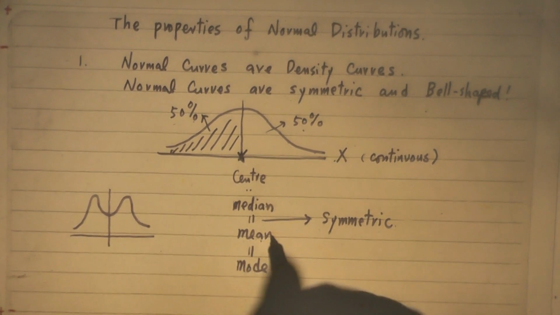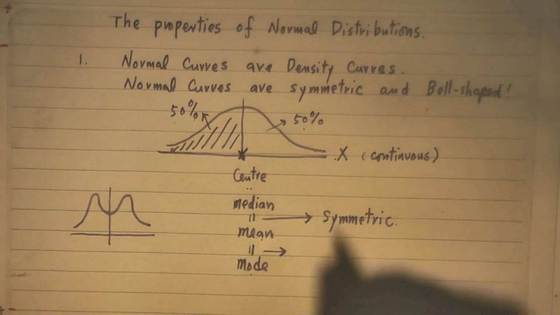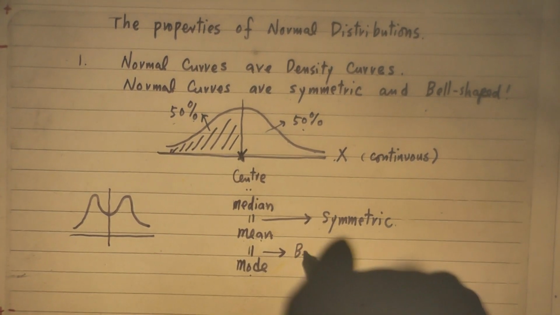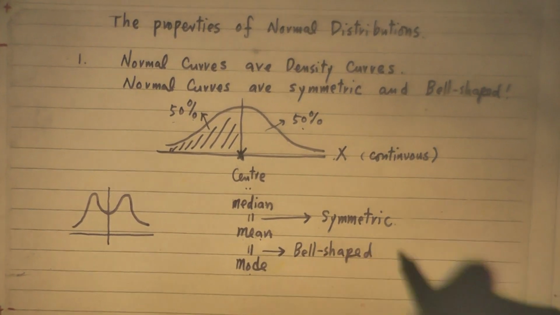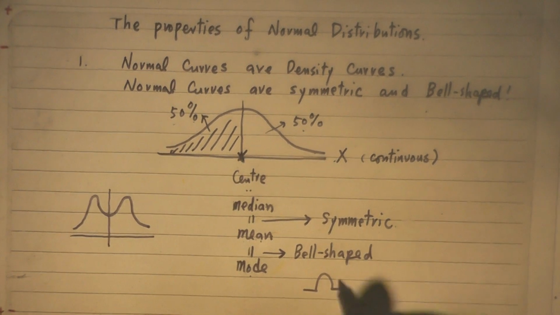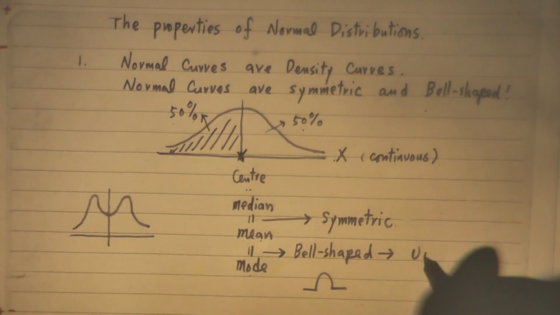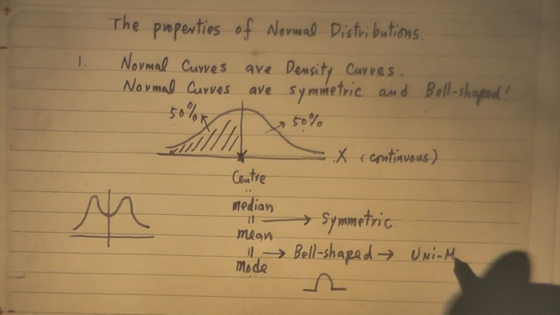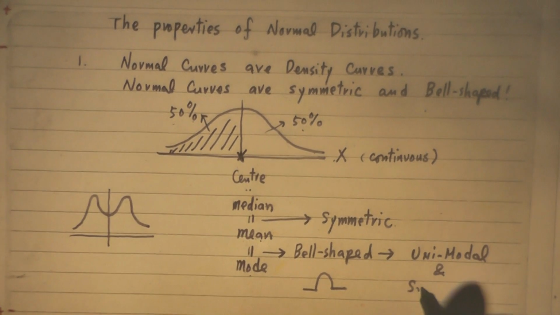So, why does mean equal mode? Because normal curves are bell-shaped, and bell-shaped means we have only one mode, so it's unimodal, and symmetric.